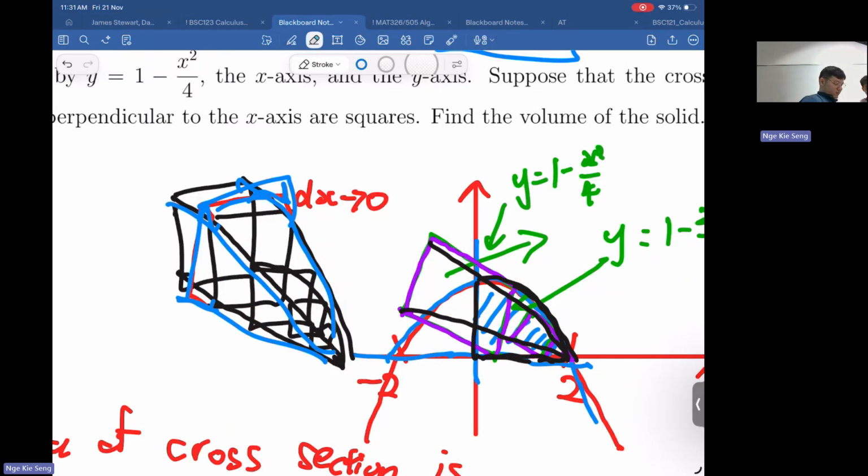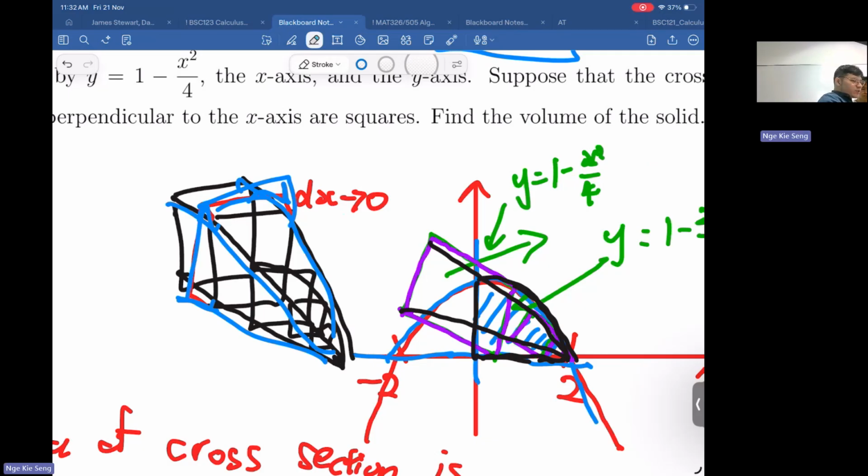For example, if x equals 0, then y is 1, and if y equals 0, then x is 2. By that it's not a square. If we've already reached the max, the sides are 1 and 2 when we input y equals 0 or x equals 0. So we thought it's not a square, it's a rectangle.